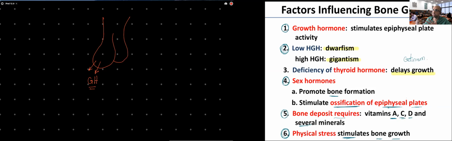You will definitely see that his bones are larger than yours. So even if you have the same body weight, he is going to have larger bones simply because of the physical stress he puts on his skeleton.